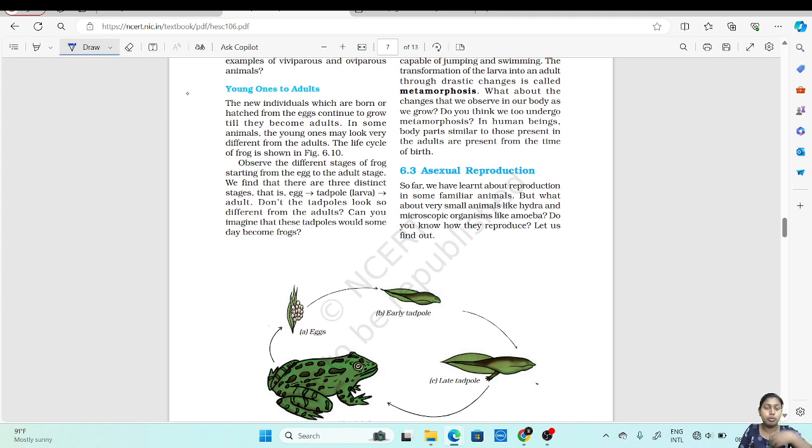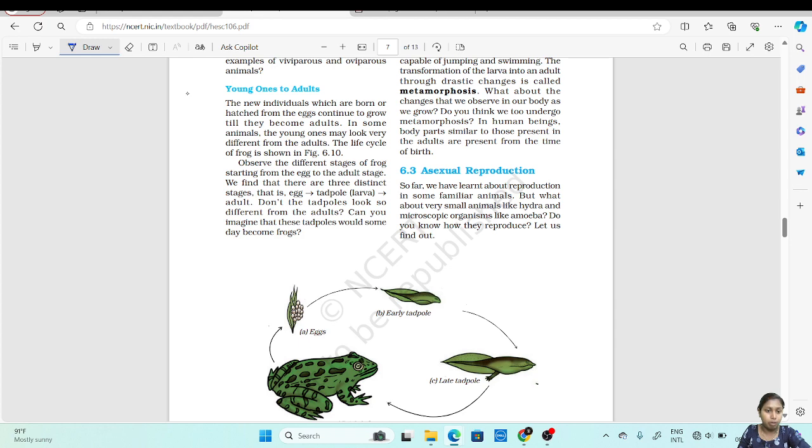So we, from a baby, we grow up, right? In some animals, the young ones may look very different from the adults. We look similar to our parents, right? But that's not the case for all. Some of them look different from the adults.